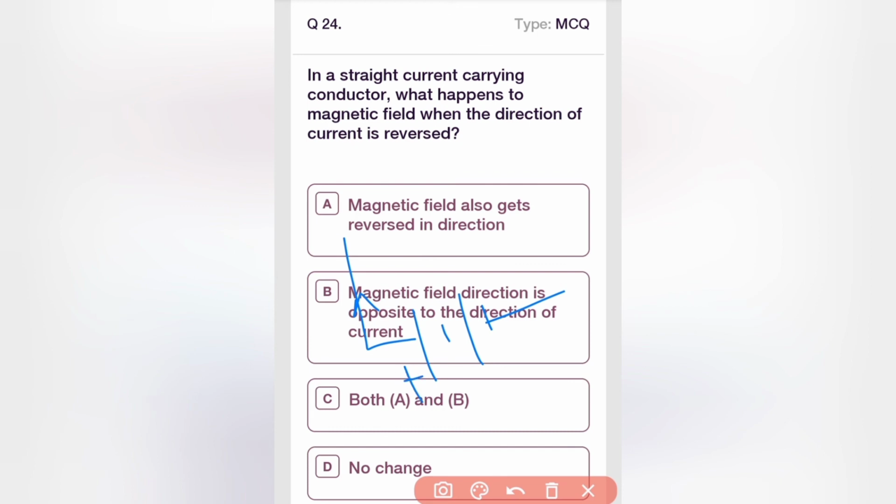Now the current flows this way. The current is moving upwards, so the direction of the magnetic field will be anti-clockwise. Now if you reverse the polarity, it will move in clockwise direction. So therefore the magnetic field is also getting reversed. Option A is the correct answer.